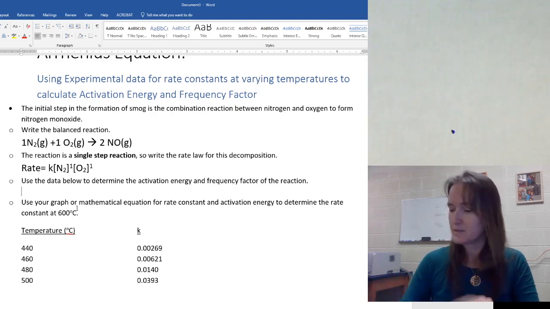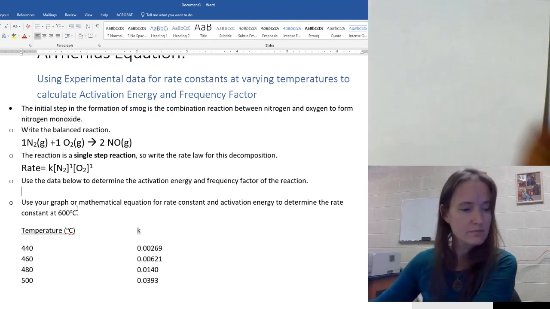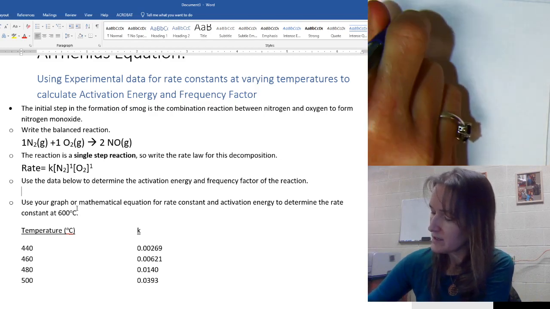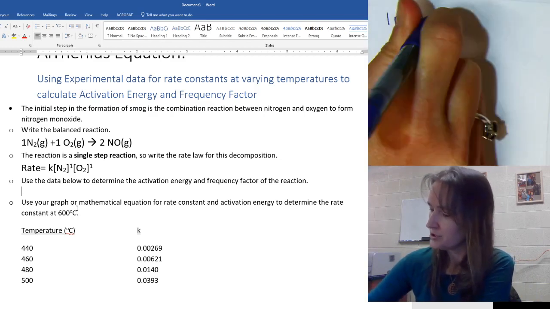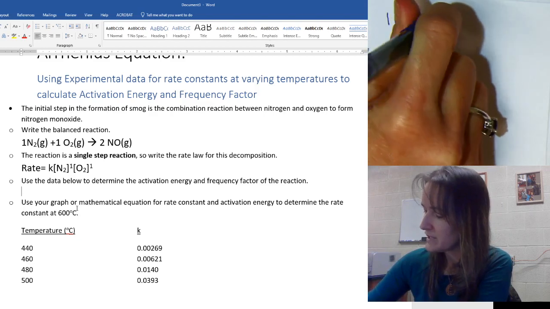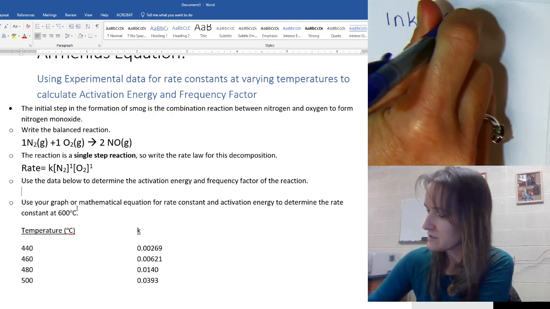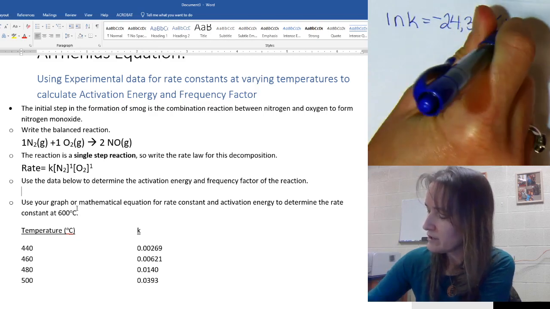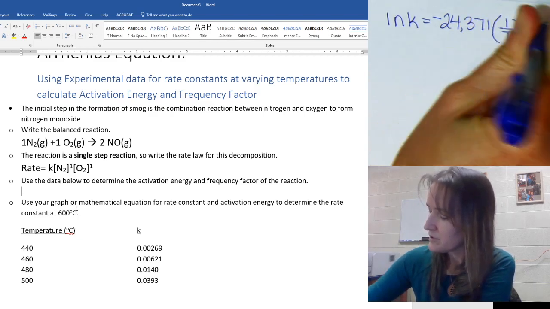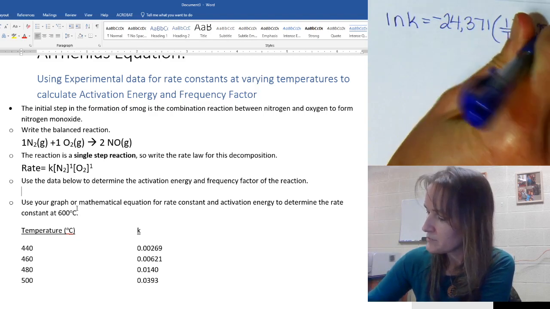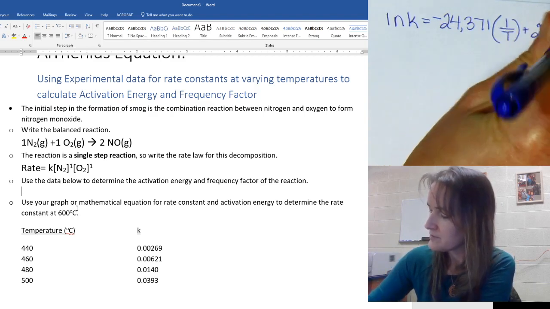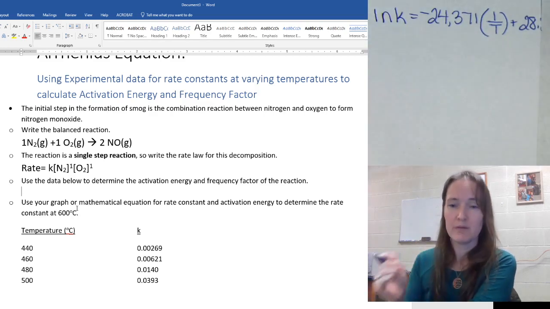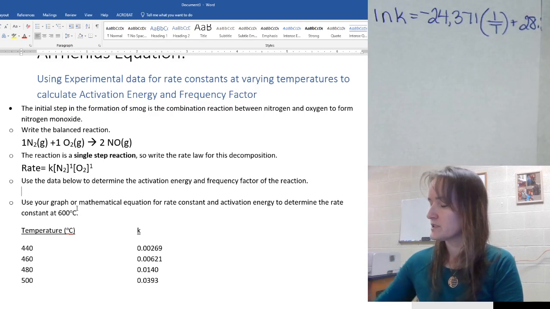So let's plug in our data. Natural log of k is equal to a constant slope of negative 24,371 times 1 over T plus 28.204. And in this question, we're told that the temperature is 600 degrees Celsius.